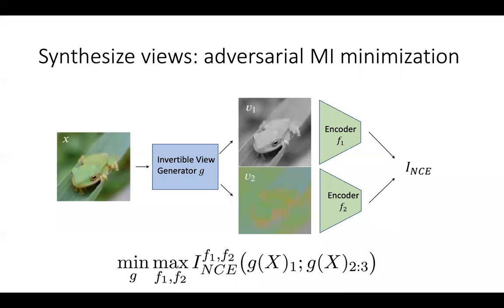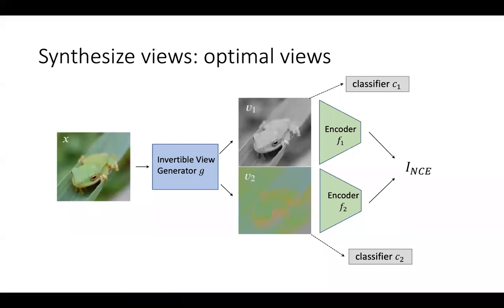That's expected. So for the second approach, we are assuming that you have a handful of labels for your downstream task. Therefore, you can build two classifiers on top of each of the views, and you optimize the classifiers at the same time.